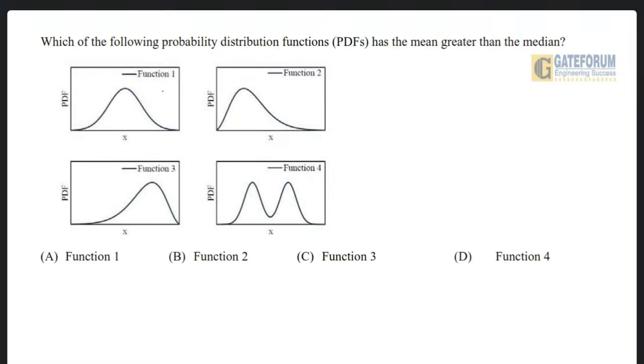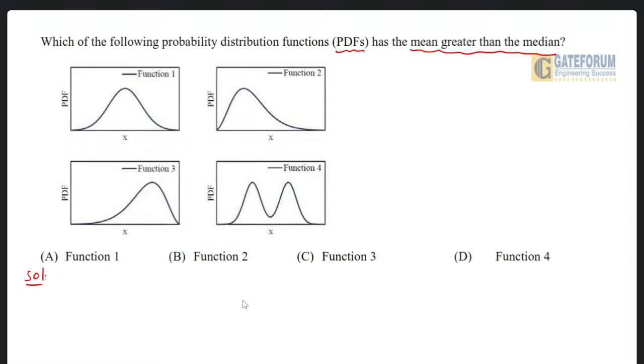The question is, which of the following probability distribution functions PDFs has mean greater than the median? Four graphs given, four functions A, B, C, D. This is from engineering mathematics, from the topic probability and statistics and subtopic statistics: mean, median, mode. So, solution. So we know that for a symmetric distribution, mean is equal to median is equal to mode.